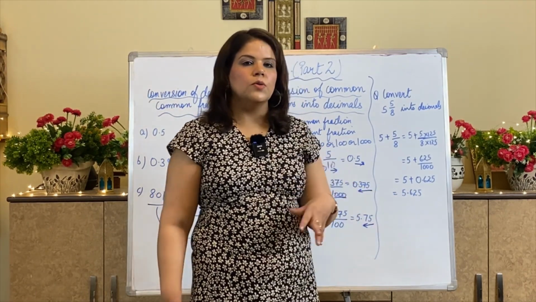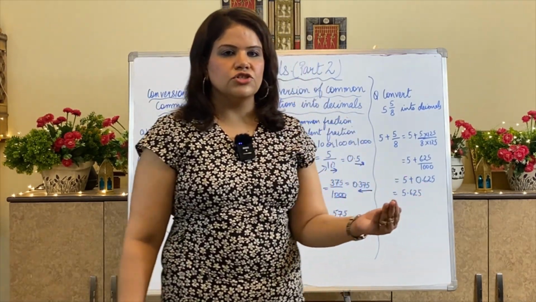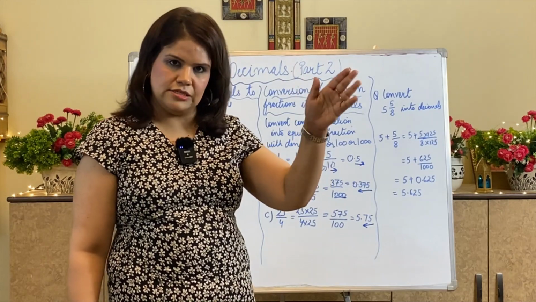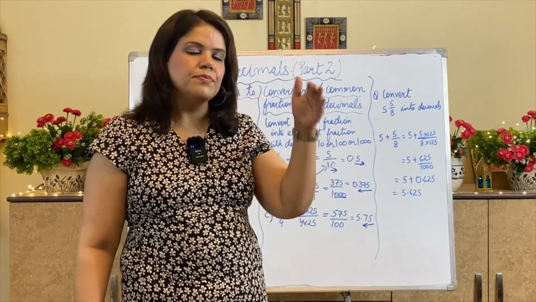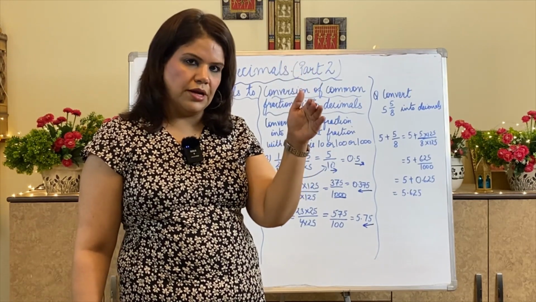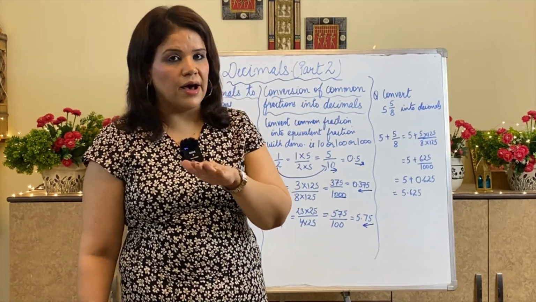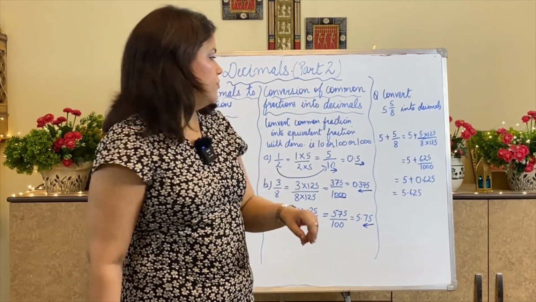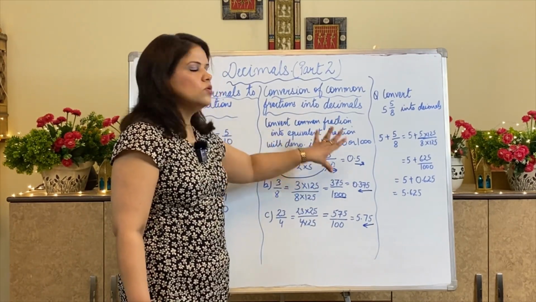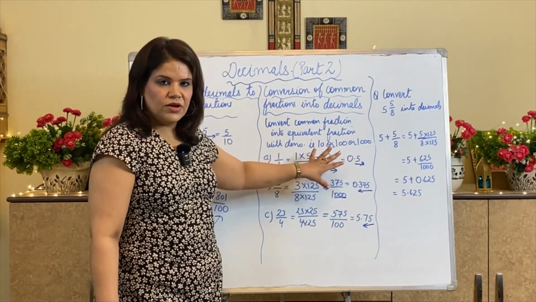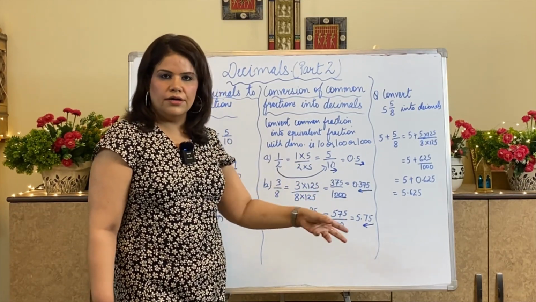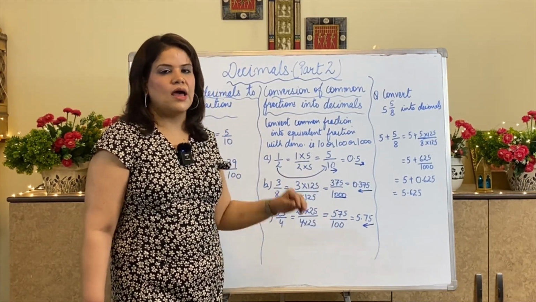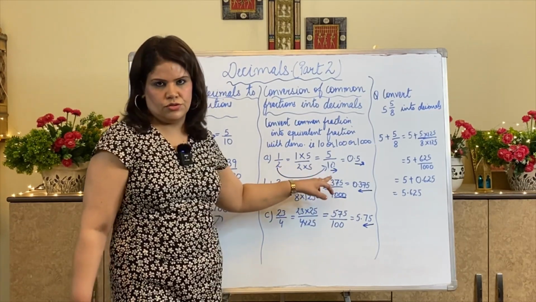Understood? To convert decimal into fraction, you need to remove the decimal. How? You will replace the decimal with 1, and the number of digits in the numerator will be replaced by zeros. And when I am converting a fraction into decimal fraction, I need to go to 10, 100 or 1000 in the denominator, and I need to see how I can reach it.